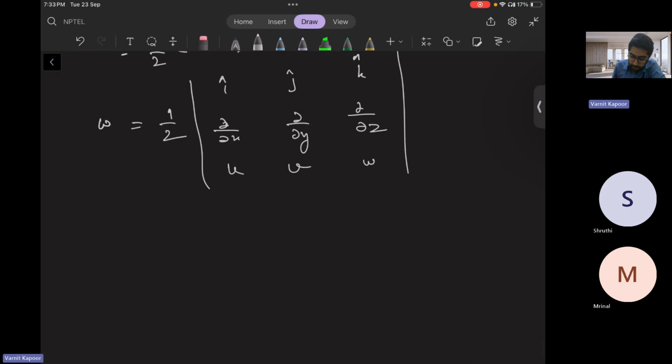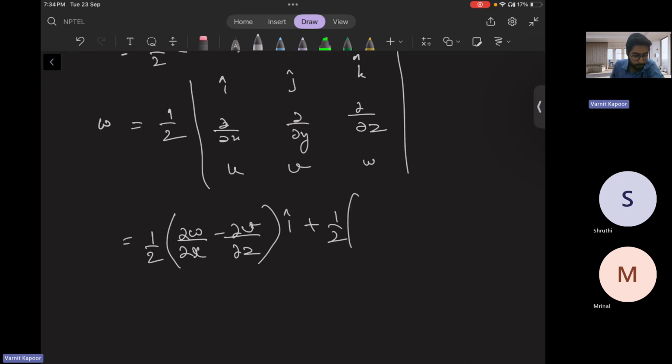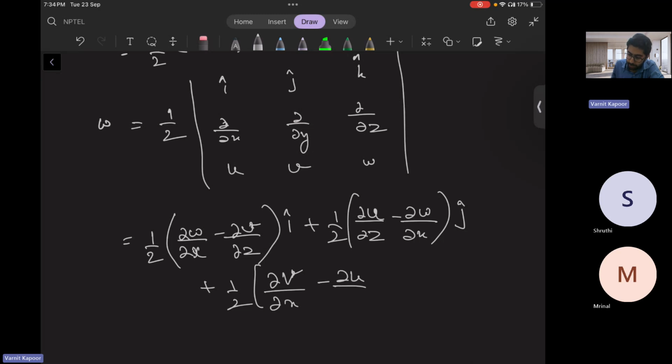Just do it. That is half of (dou w by dou y minus dou v by dou z) i cap plus half of (dou u by dou z minus dou w by dou x) j cap plus half of (dou v by dou x minus dou u by dou y) k cap.